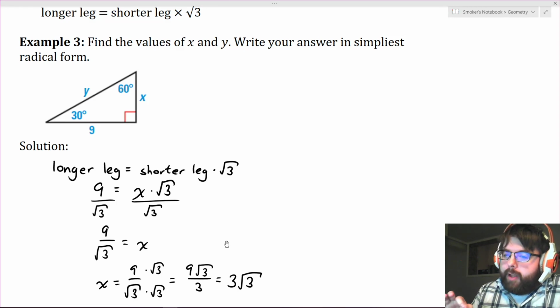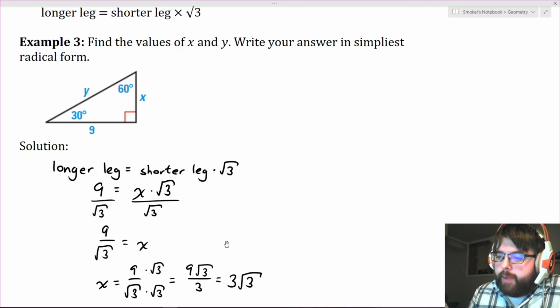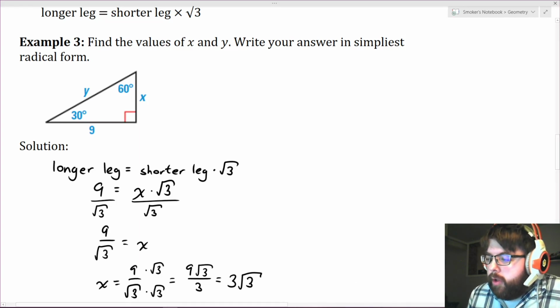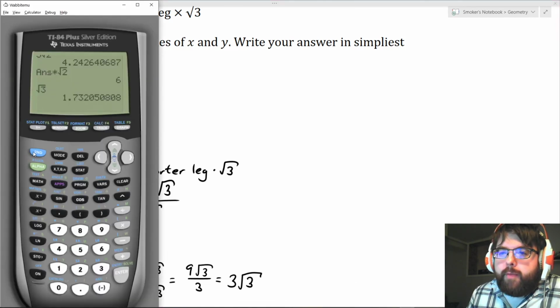So what happens on the top is I have 9 root 3, because multiplying those together won't give me a decimal. But what happens in the bottom is what's important. What's happening on the bottom is the same thing that I said earlier with the root 2 times root 2. Well, root 2 times root 2 went to 2. Well, root 3 times root 3 is going to do the same thing.